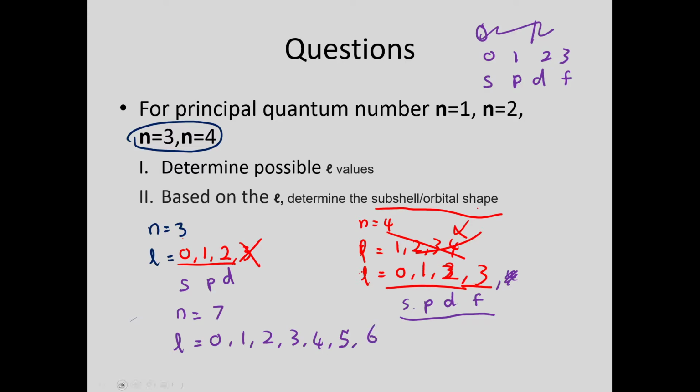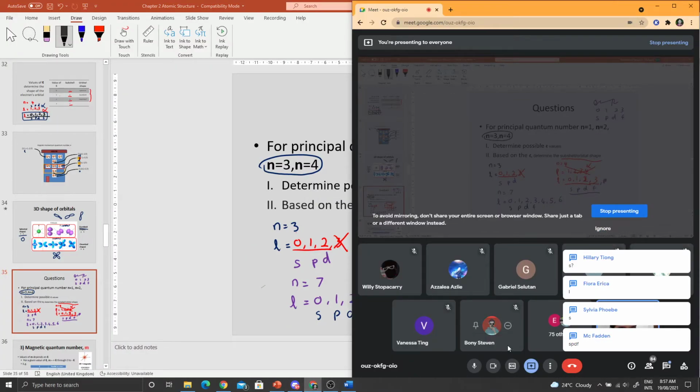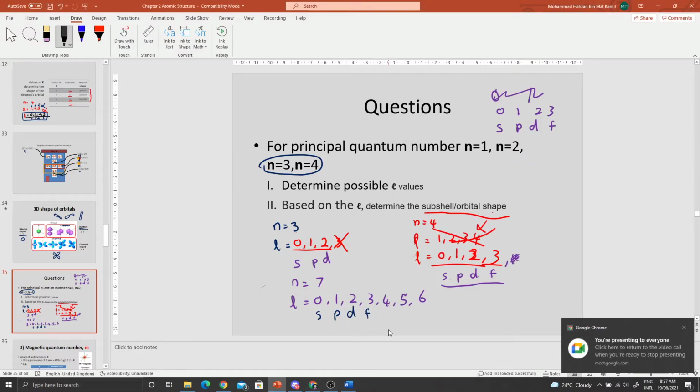We know that from 0 to 3, this is S, P, D, F. So what about 4? What is its letter? Can you guess? What letter comes after F? It's actually very simple. Yes, some of you got it right. It is G.